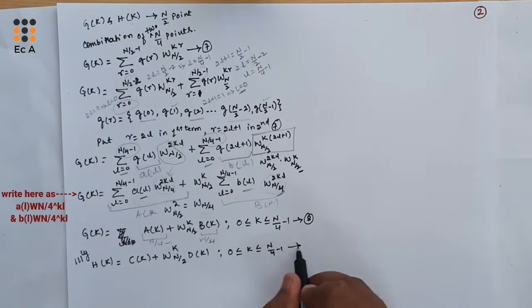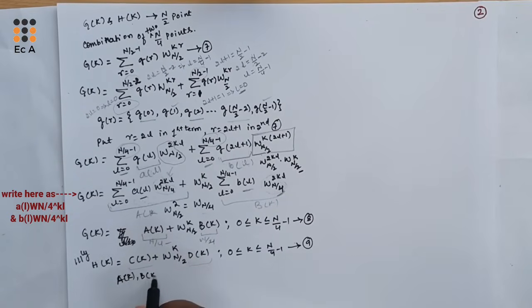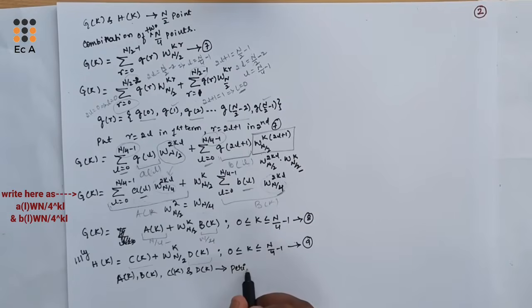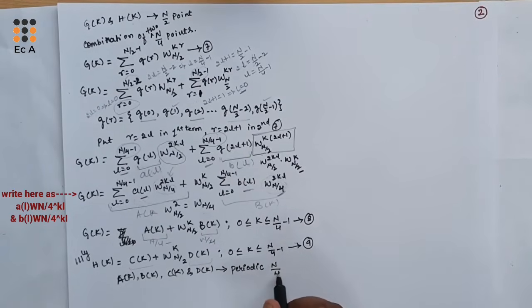Let us call this as equation number 9. Here a of k, b of k, c of k and d of k are periodic with period n by 4.